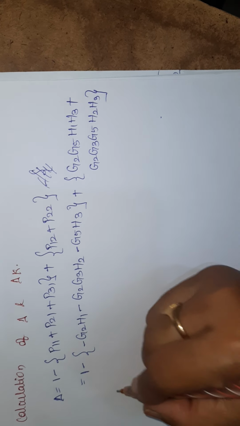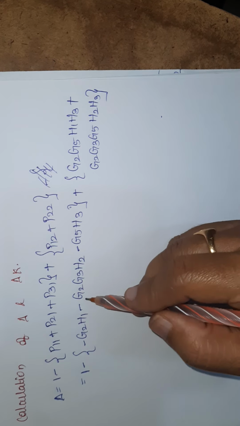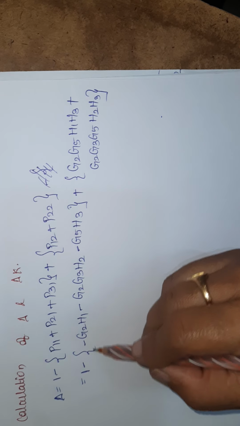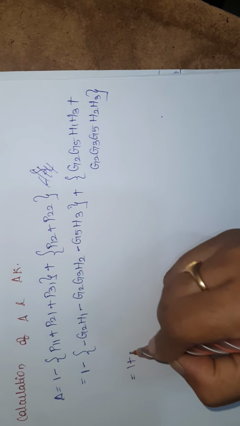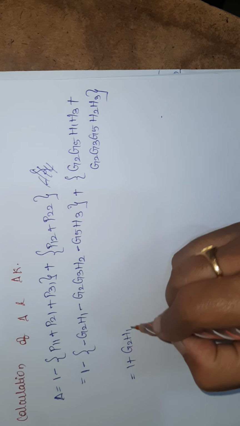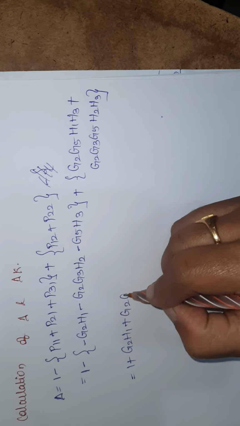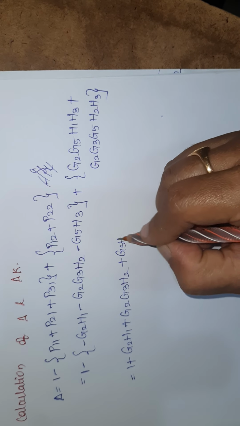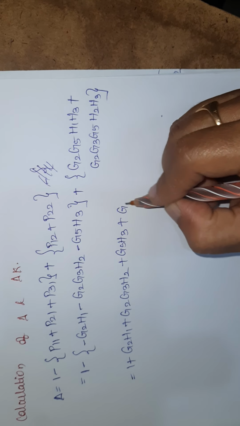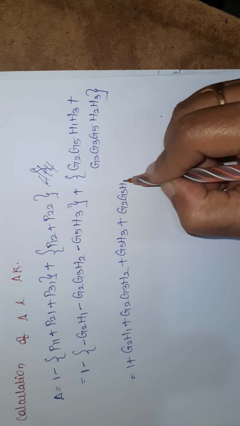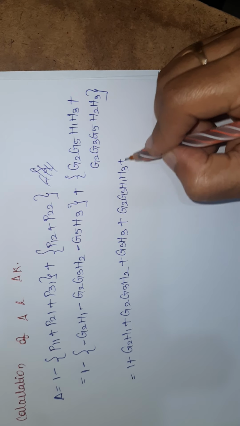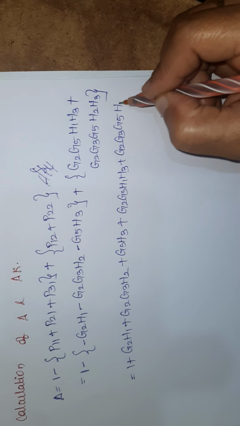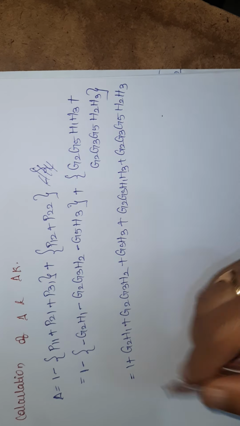Okay, so here we can take out the minus common and we can write 1 plus G2 H1, G2 G3 H2, G5 H3, G2 G5 H1 H3, G2 G3 G5 H2 H3.